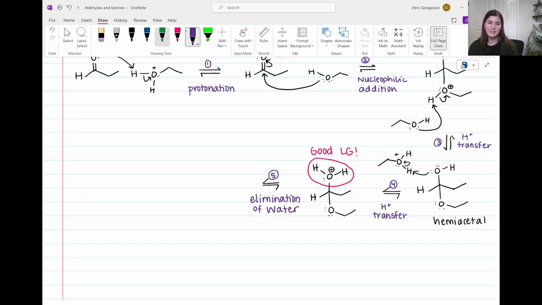Now, if we were to just kick off that water molecule from the entire molecule, we'd have an open shell carbon. Well, we all know it's more stable for atoms to be closed shell. So as a water molecule leaves, which is a good leaving group, the oxygen from the new bond that was formed from the alcohol bonded to the carbonyl carbon will form a double bond to avoid opening the shell of that carbonyl.